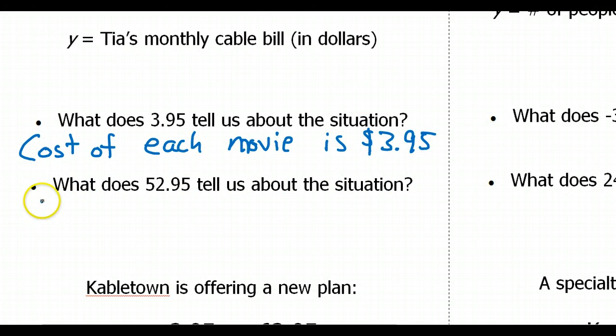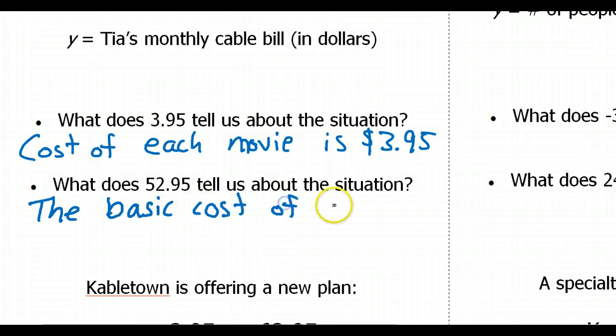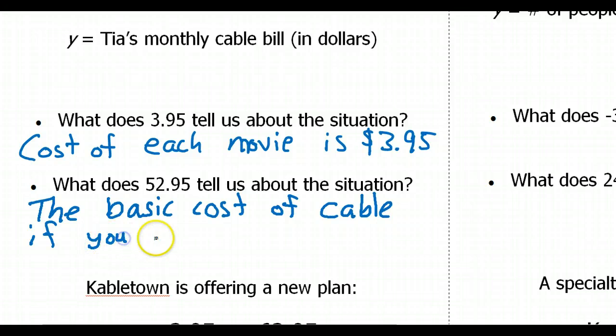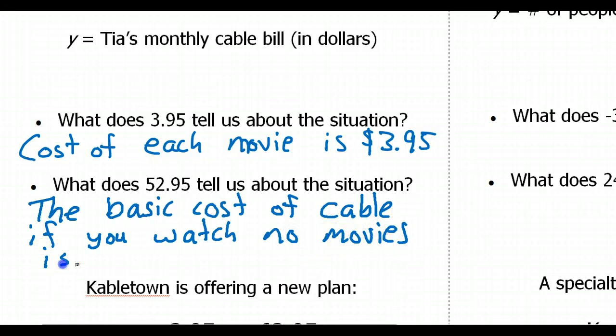So this tells us that the basic cost of cable, if you watch no movies, is $52.95.